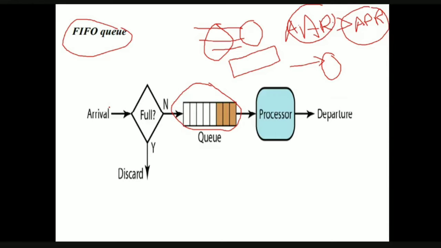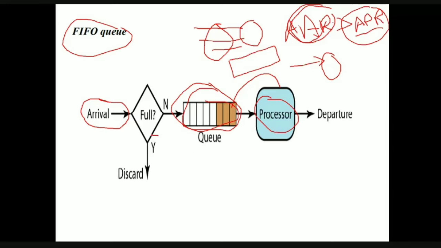This is what we represented in this diagram. The packets arrive from the different flows, and if the queue is full, when will the queue be full? When the average arrival rate of these packets is greater than the processing capability of the router. When the router processes a packet, it is removed from the queue and processed. So if the processing capability of the router is less than the arrival rate, the queue will be full.